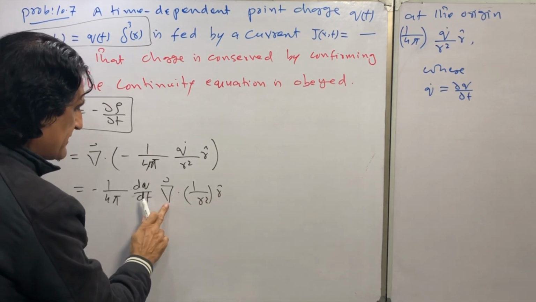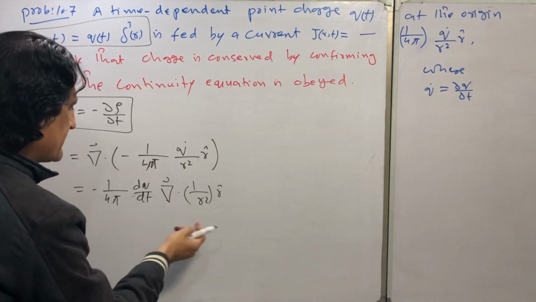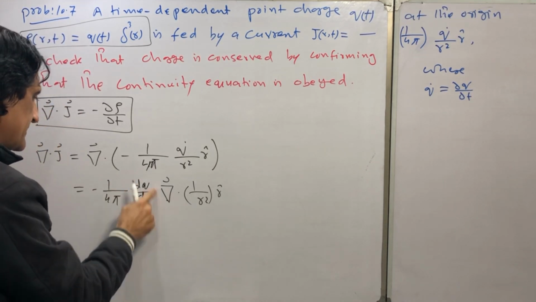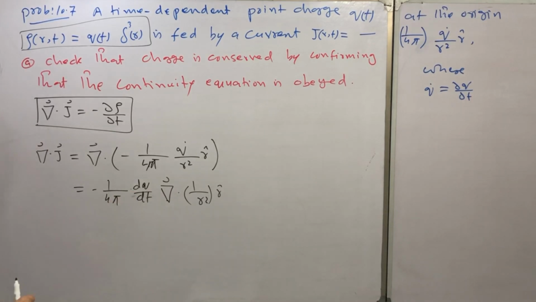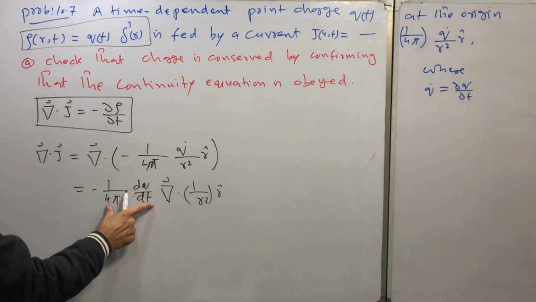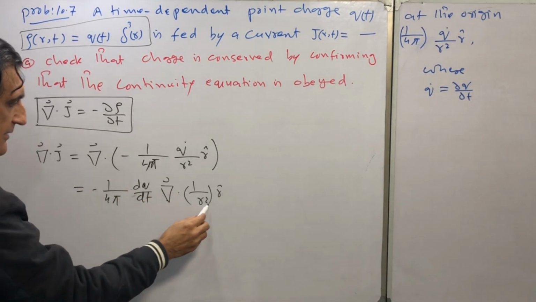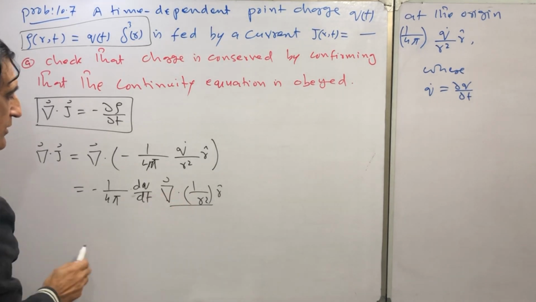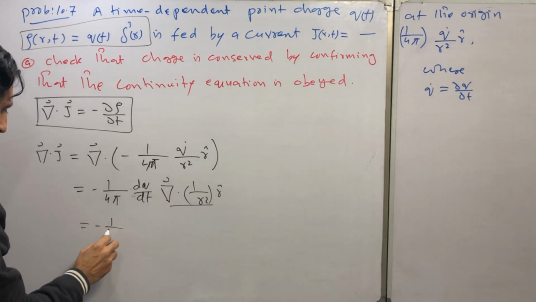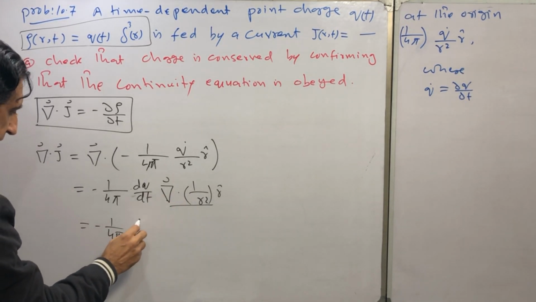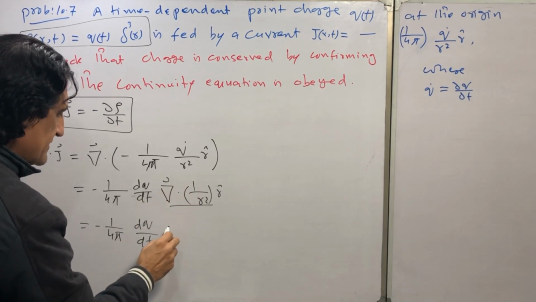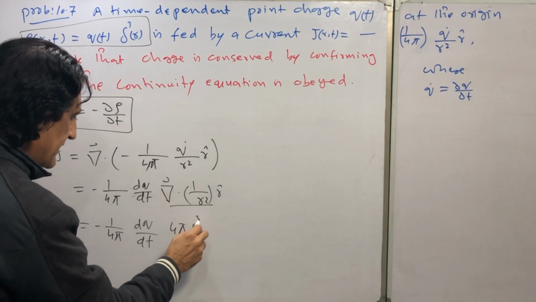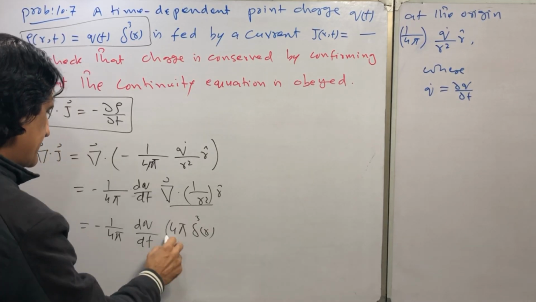Because the divergence is a space part, it doesn't depend upon time, so we can take this out. Now the divergence of 1 over r squared, we already proved, is equal to 4 pi delta cube of r.